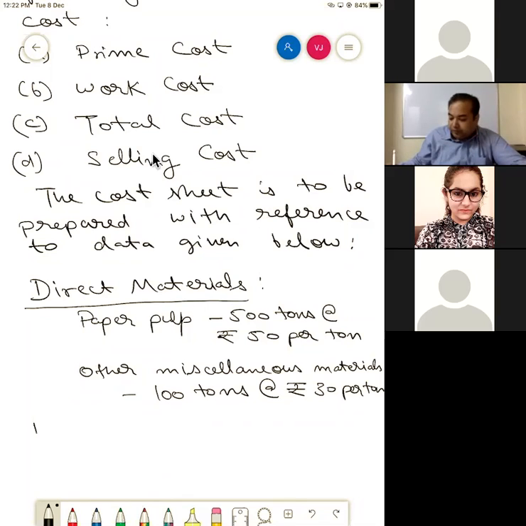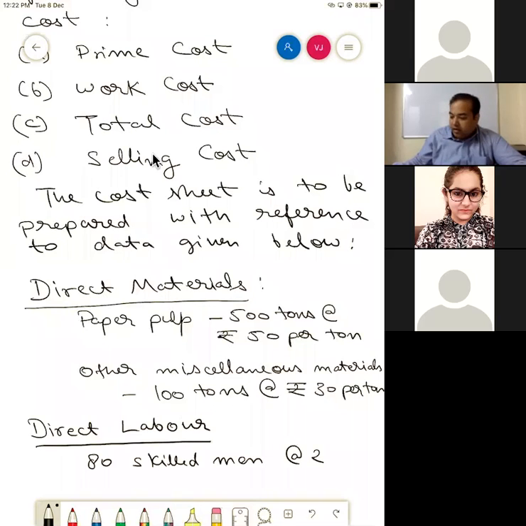Then direct labor, 80 skilled men at the rate of rupees 3 per man for 25 days.